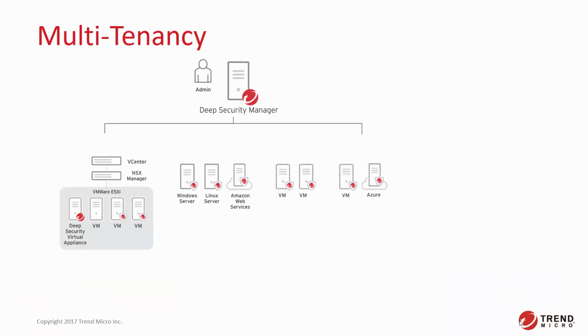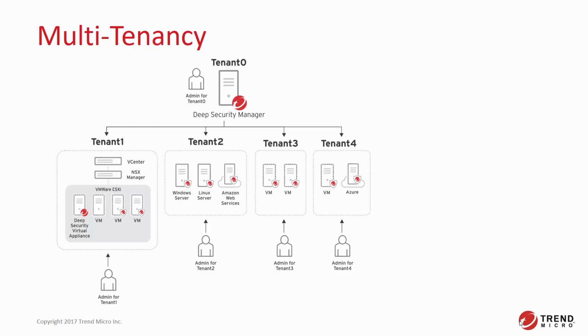In a typical Deep Security installation, the Deep Security Manager will have access to all of the different protected computers across the network. We have Deep Security agents which are installed on physical servers, virtual servers, and cloud servers throughout the organization. Using multi-tenancy, we can segment that installation into individual collections of devices.